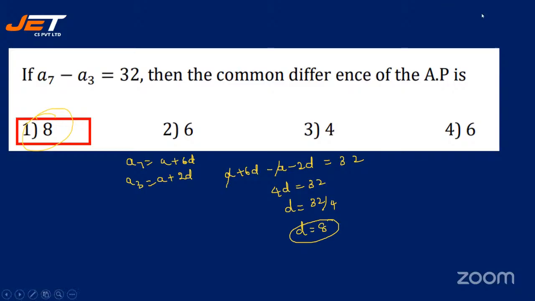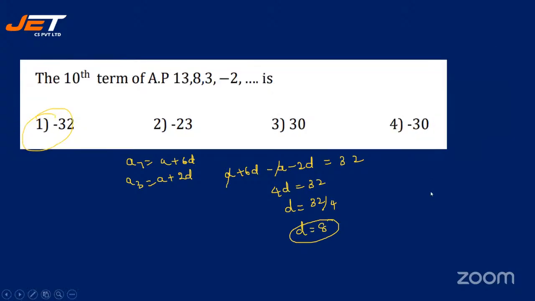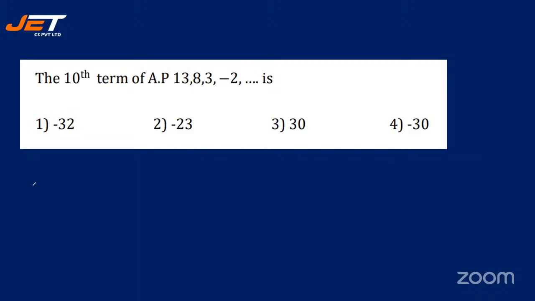Okay. Hope you all are getting the answers and doing it along with me. Yes. That's why I have erased this. Yeah. See the next question. The 10th term of the AP is dash.